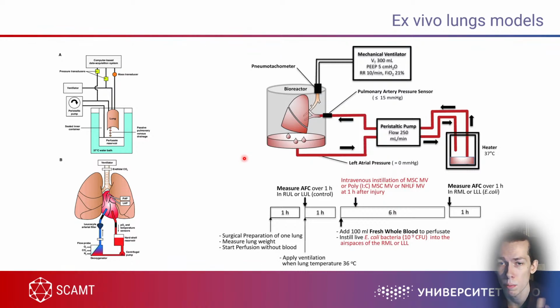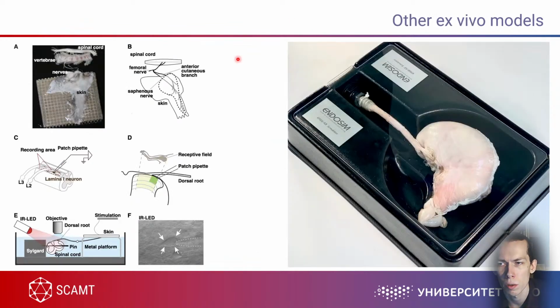Because an in vivo study is just: take mice, kill mice, obtain some liver samples and study, make some histology. And as you can see here, it's some kind of bioreactor with the lungs. It's a peristaltic pump. Some pressure should be maintained here, some ventilation.